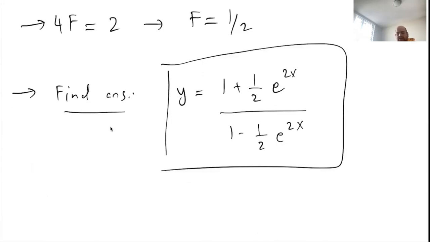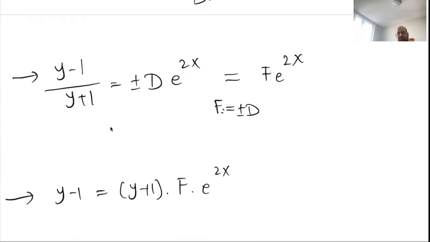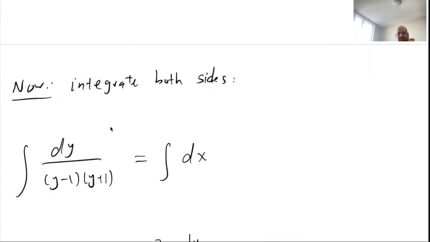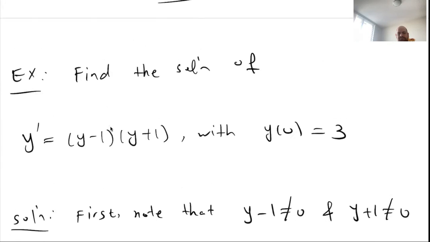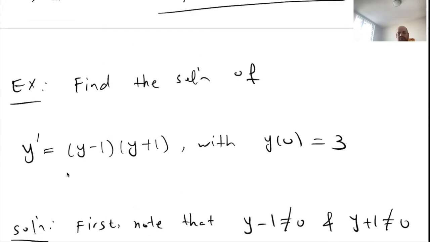Then calculate y prime, and also calculate y minus 1 times y plus 1, and then compare them. They're supposed to be equal to each other. That's one way to verify your solution.